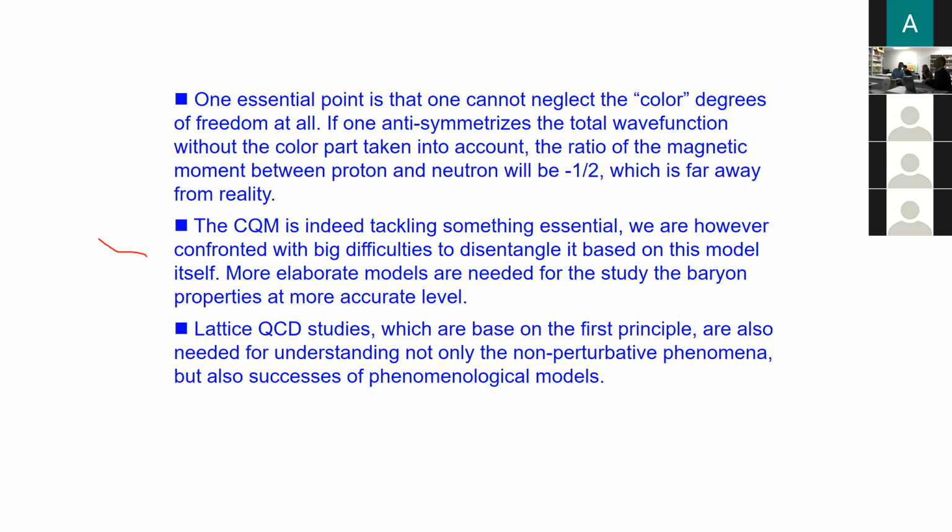That is much more complicated, right? Yes. So you are still kind of phenomenological, and the interaction, of course, is derived from something. But what's the advantage compared with the traditional bag model or potential model?